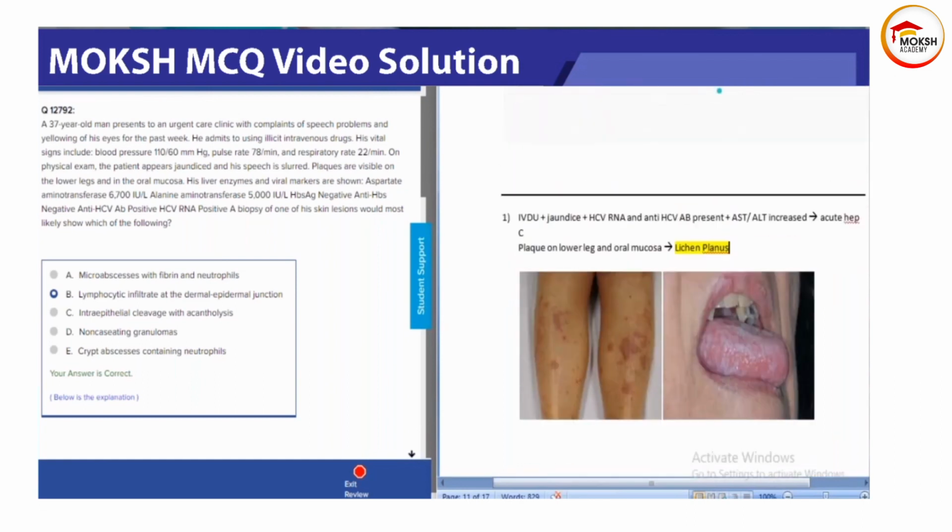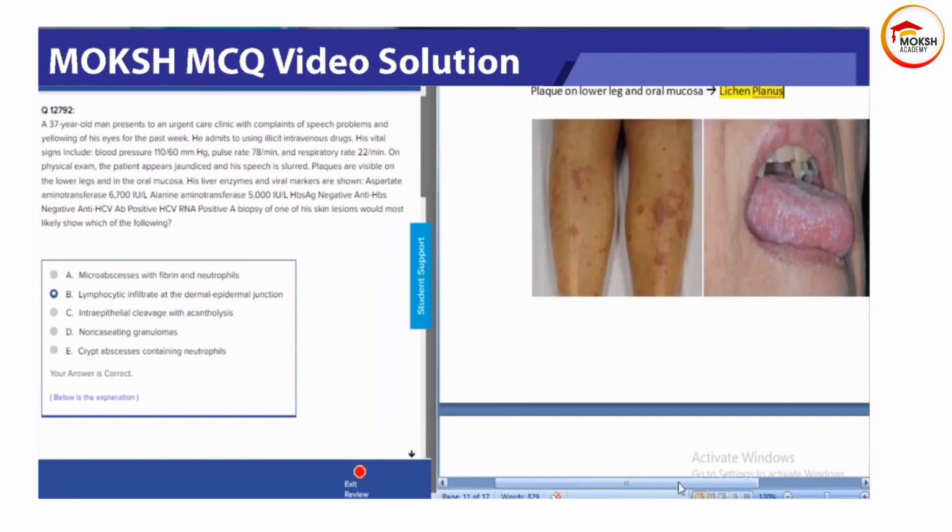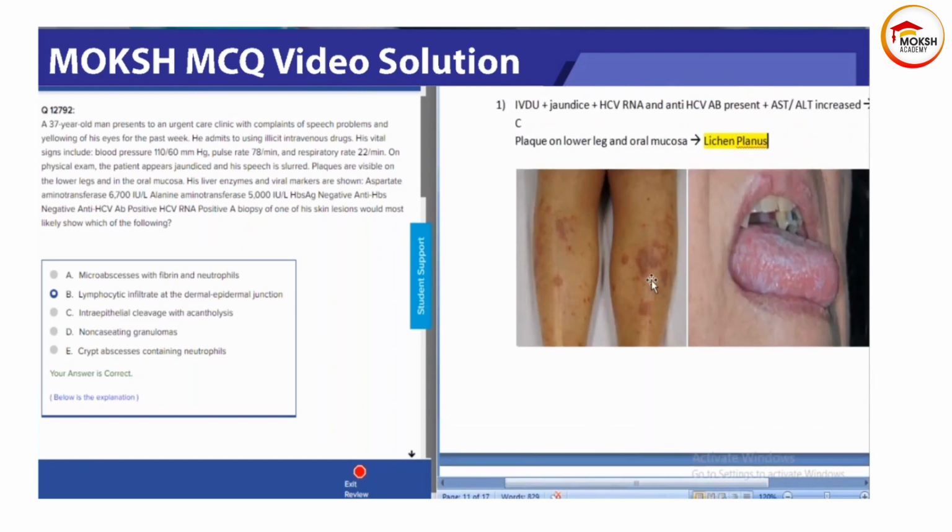Now, what is lichen planus? In lichen planus, the patient presents with a complaint of plaques on the legs or the dorsum of the wrist, or there could be plaques in the oral mucosa as well, as this patient is complaining.